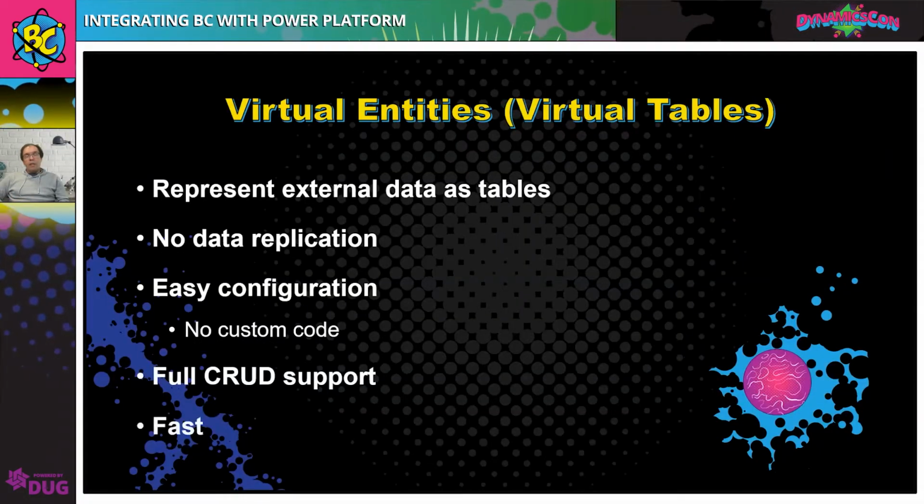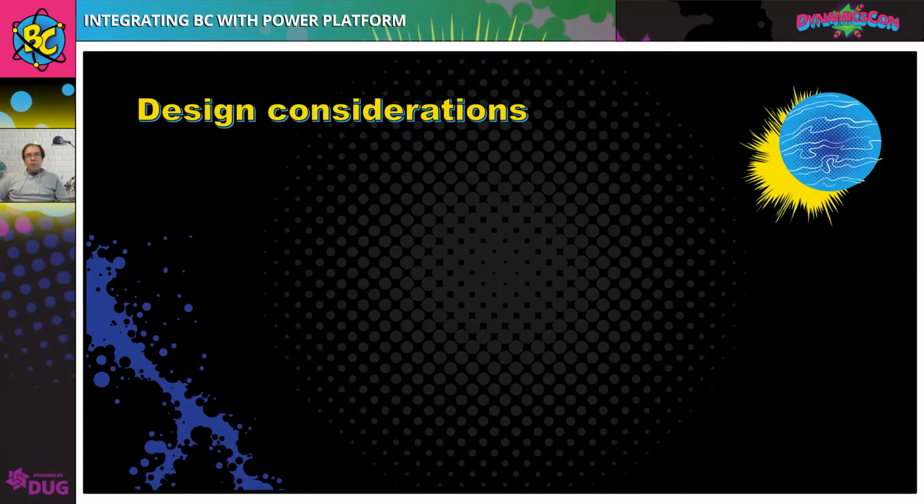Now you have the full ability to do creates, updates, and deletes in any of those systems, and that is going to appear on the other system, exactly because you don't have data replication. And because you don't have data replication, that's extremely fast, and Tharanga is going to be showing that. Just before we go to the demo, let's talk a little bit about some design considerations, right?